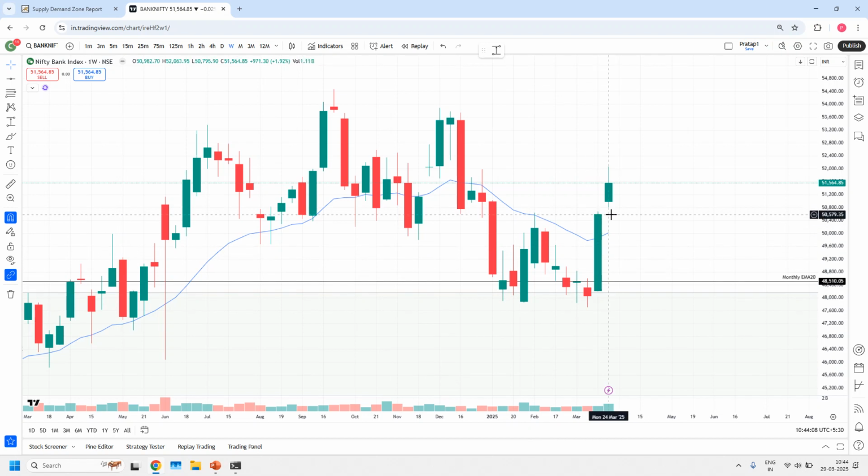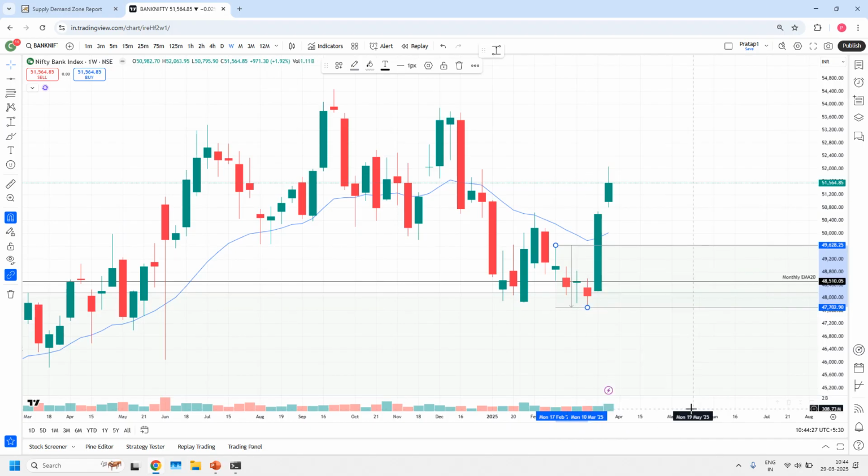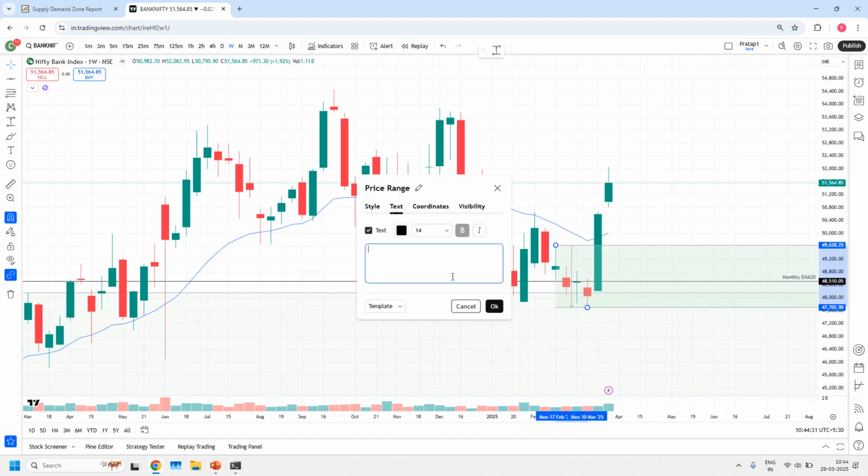And this week we have, with the hidden body, a follow through candle also. So this is the weekly demand zone. And this weekly demand zone is a high liquidity demand zone.